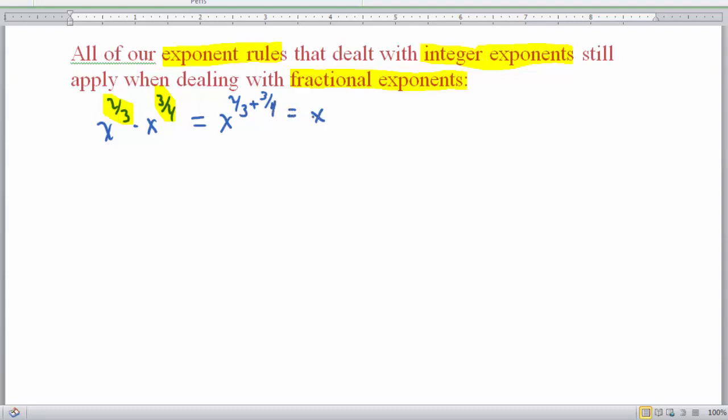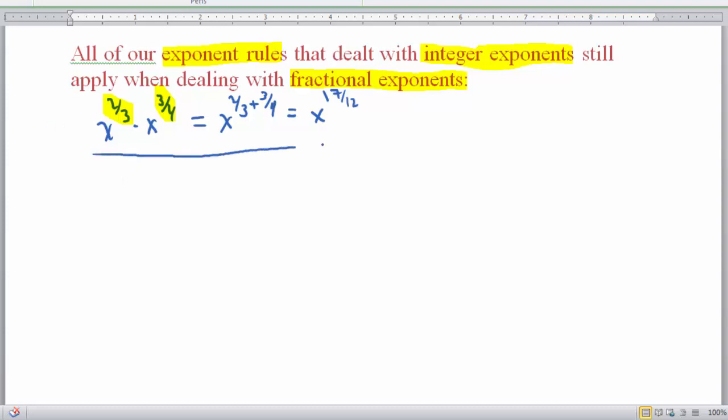The only tricky part here is you have to get a common denominator, which is, in this case, 12. So this is really 8/12 plus 9/12. So this is actually x to the 17/12, which is a wacky power, but that's the way it works, right? So when you have the same bases and they're being multiplied, you add the exponents.